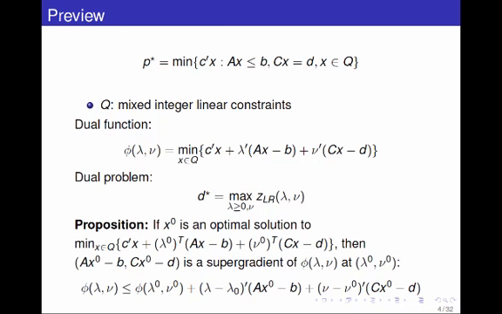So we don't lose linearity with the x in Q. It's just that some of the components of x are also integer, and also these constraints I won't relax. I'll keep them as they are.